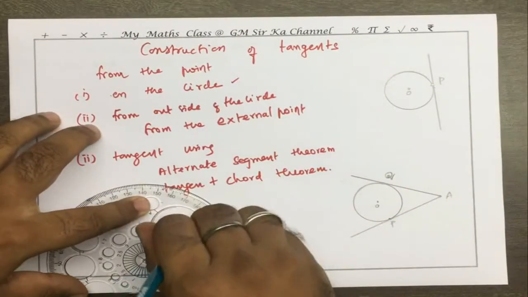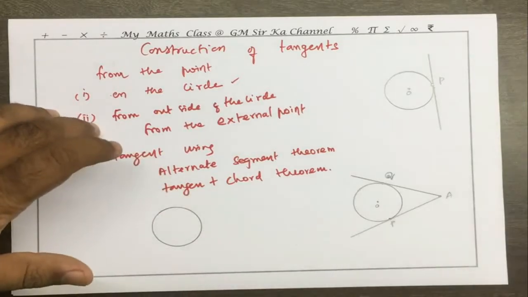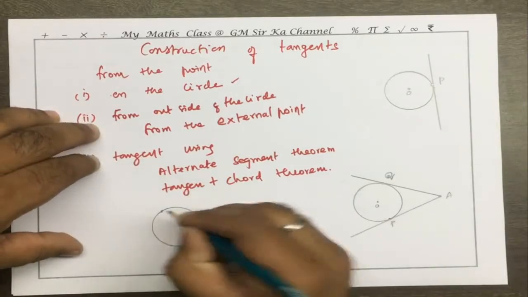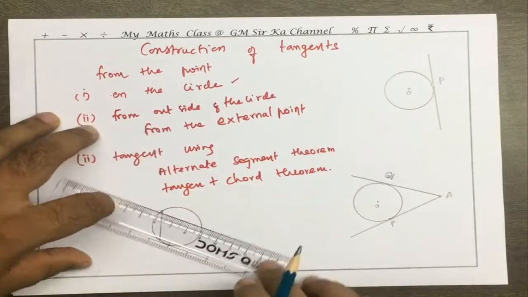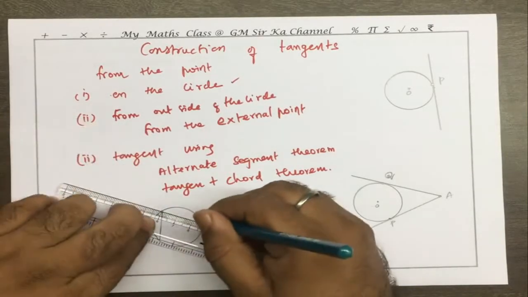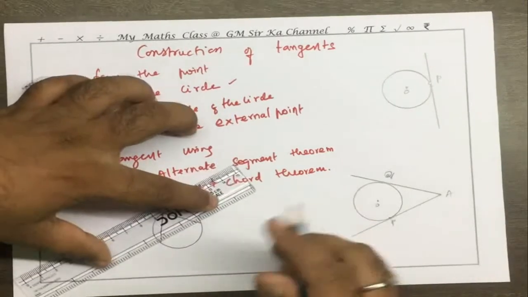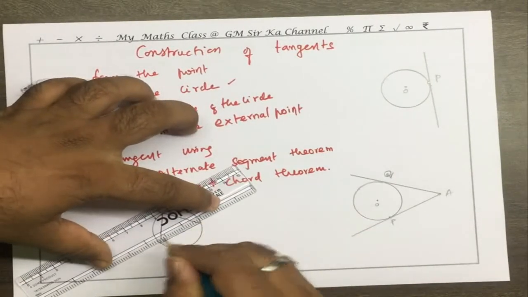And the alternate segment theorem is, we have a point which is on the circle, we have to draw the triangle, any triangle in the circle.